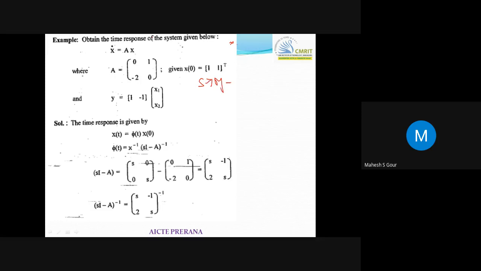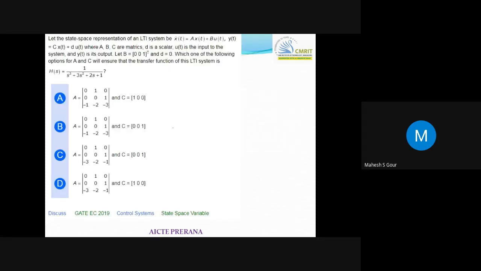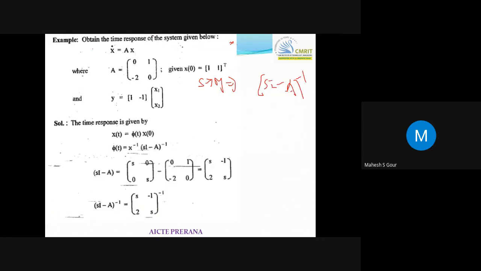What is a state transition matrix? I said that it is (sI minus A) inverse. Okay, I'll explain this problem so that you can solve the further problems. So, coming to the state transition matrix, what are the equations of your state space analysis?